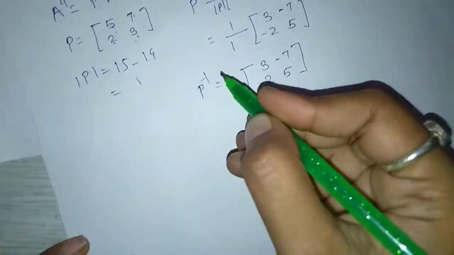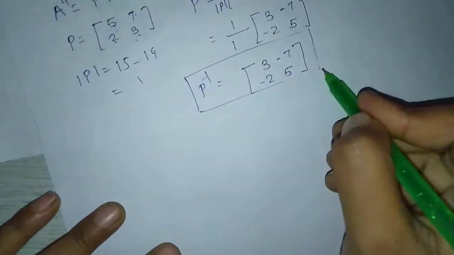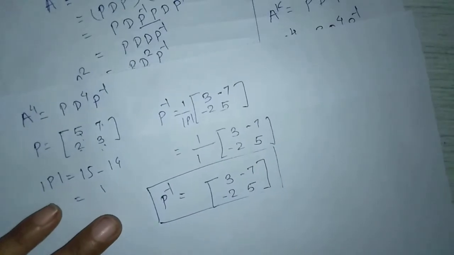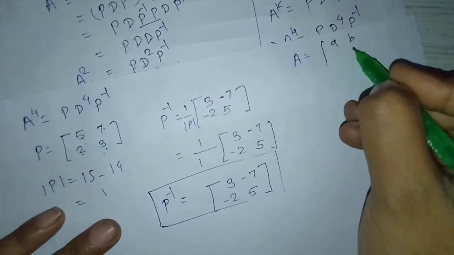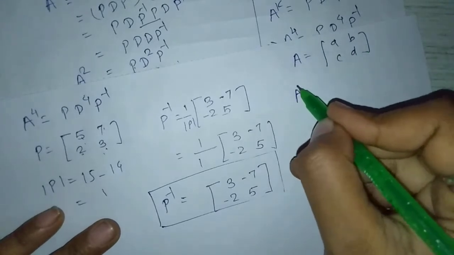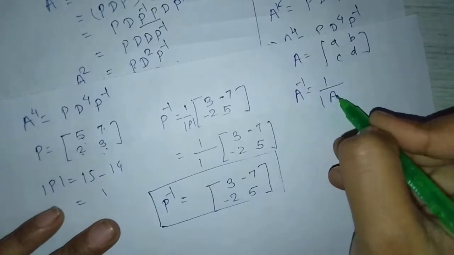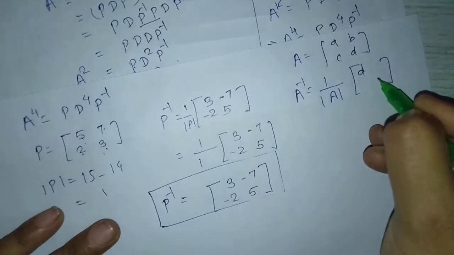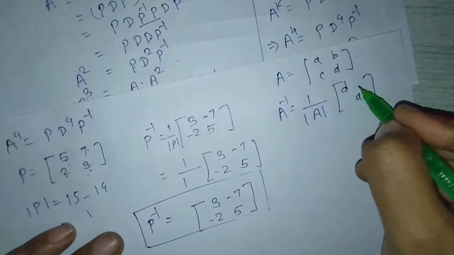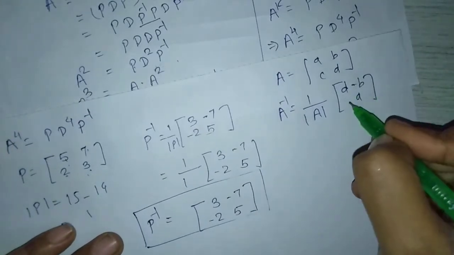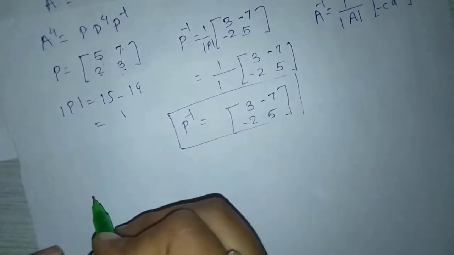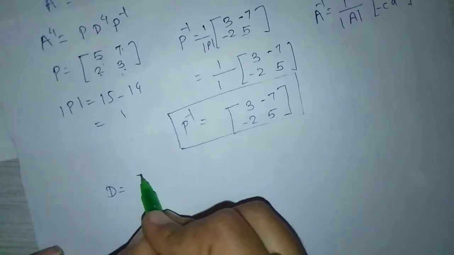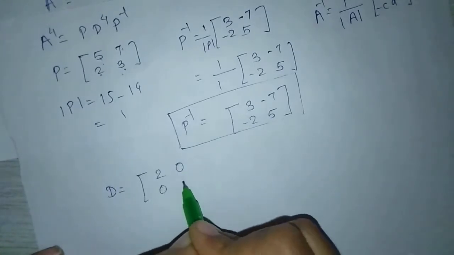So P inverse equals 3 minus 7 minus 2 5. We know that if A equals a b c d, a 2 by 2 matrix, then A inverse equals 1 upon determinant of A, interchange the diagonal entries and the other entries have negative sign. So also here D equals the diagonal matrix 2 0 0 1.